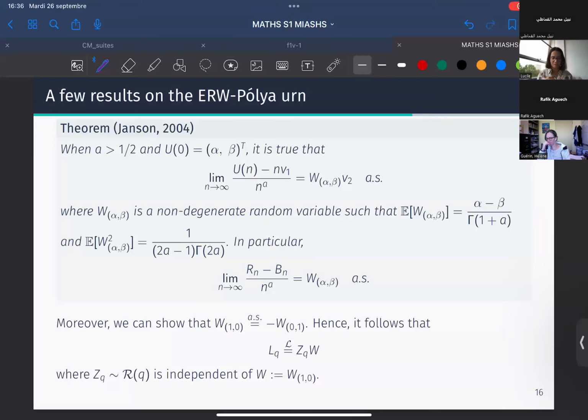So this random variable here is not a vector, because this one is a vector, but this is not a vector.